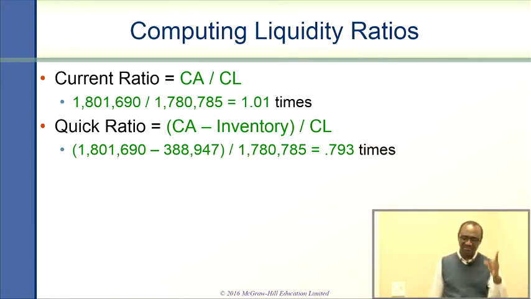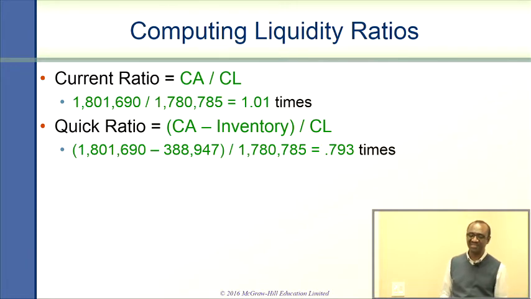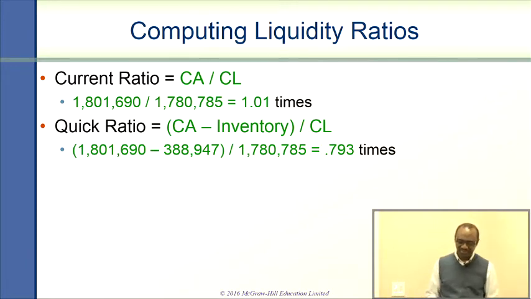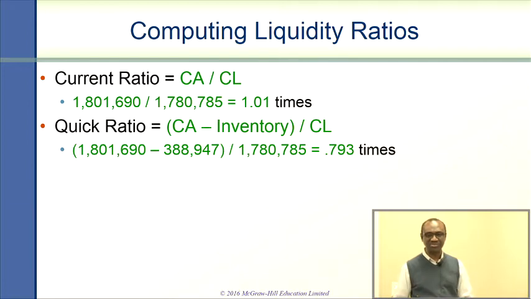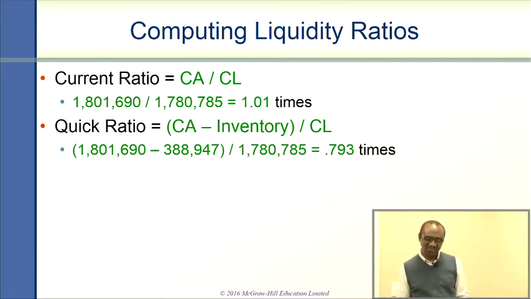We see if we're able to at least pay one liability. In this case, the result came as 0.793 times, which means it's even less than 1. So with this result, it's a pointer telling us that the company is likely to be experiencing some liquidity or going concern problems by not having enough cash to pay their obligations as and when they fall due.